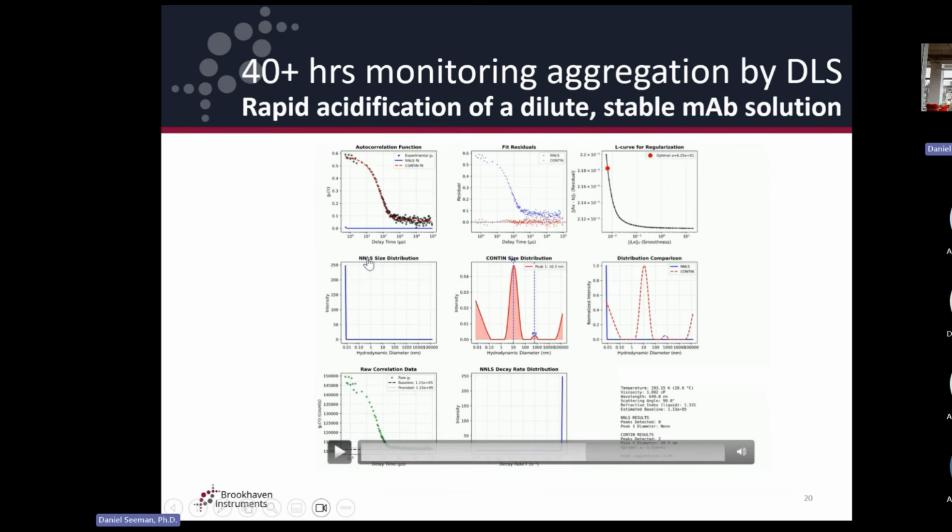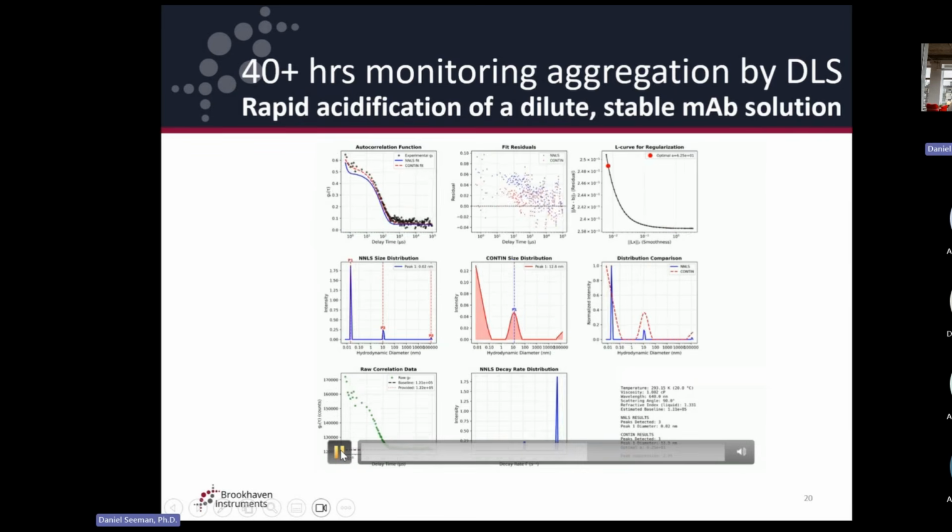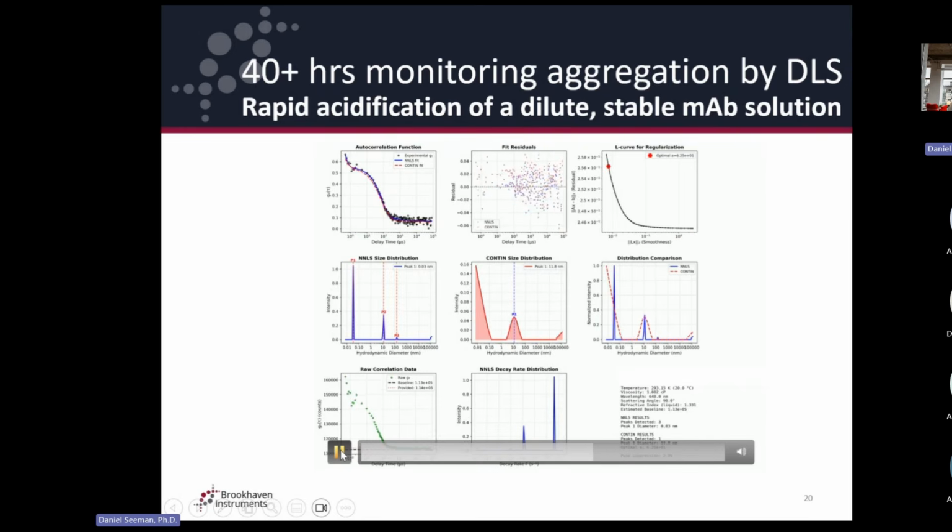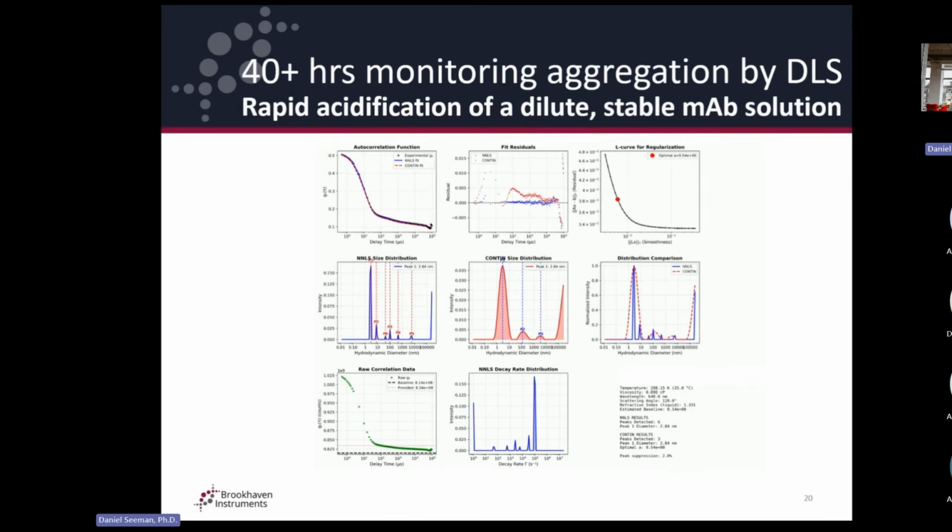Here, basically 48 hours worth of data was batch exported from Particle Explorer and then fed externally into Pythonic NNLS and CONTIN implementations, just to visualize the data. But you can basically see two things here.